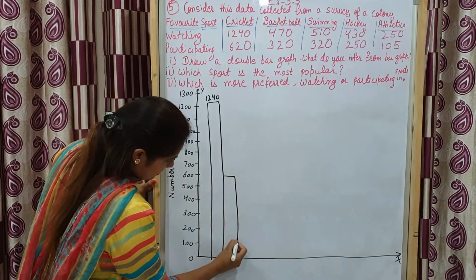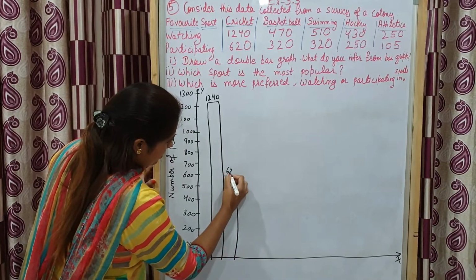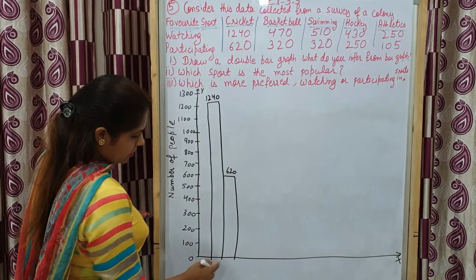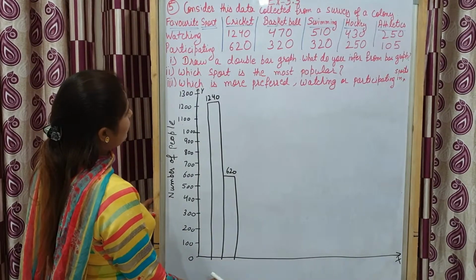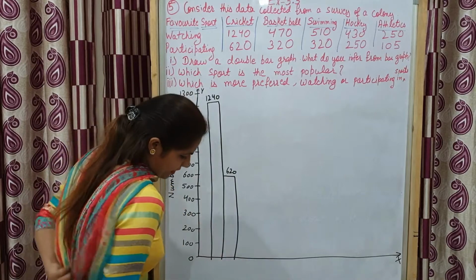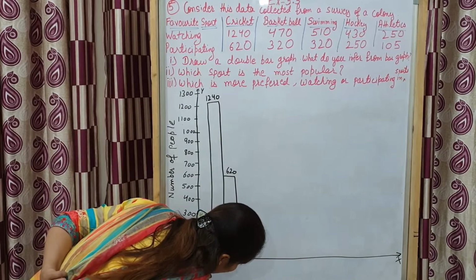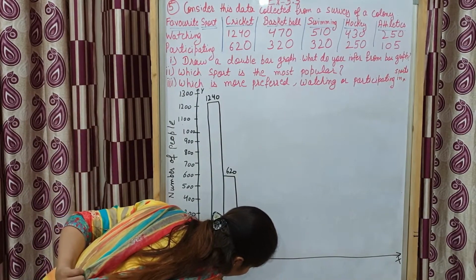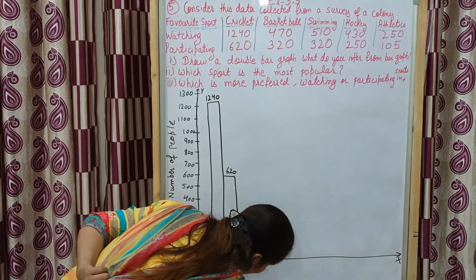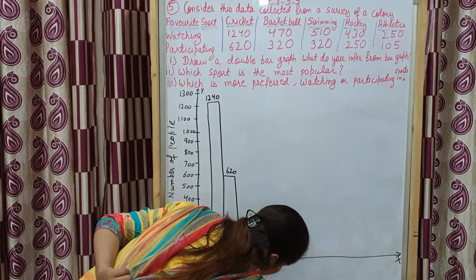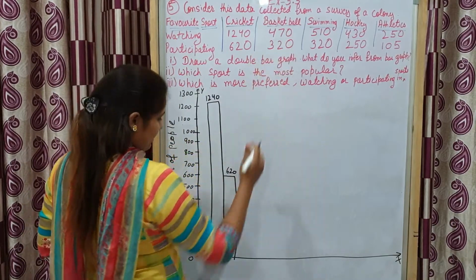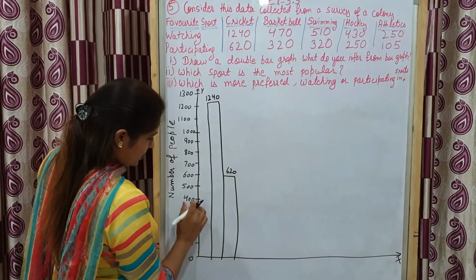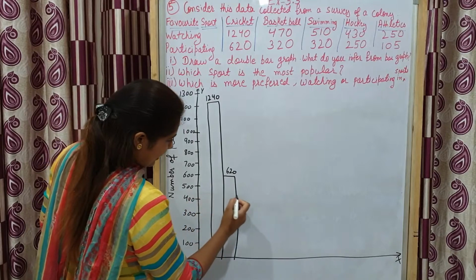This one is 620. Now this one is cricket, that I will write later on, but these are the favorite sports that we can write here. Favorite sports, or you can write simply sports. Now next is 470. After leaving a box, 470, 7th line.